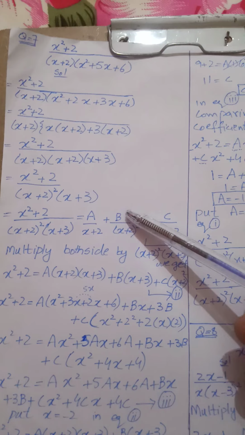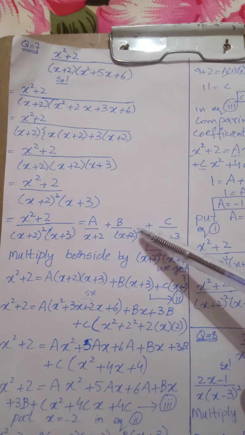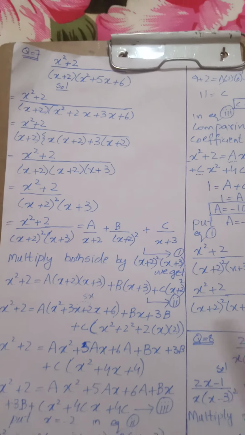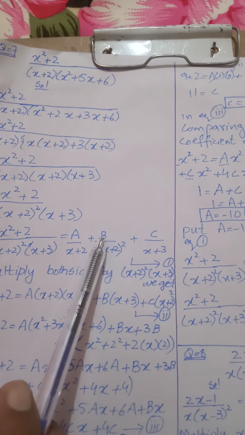For x plus 2 whole square, this will be b into x plus 2 whole square.